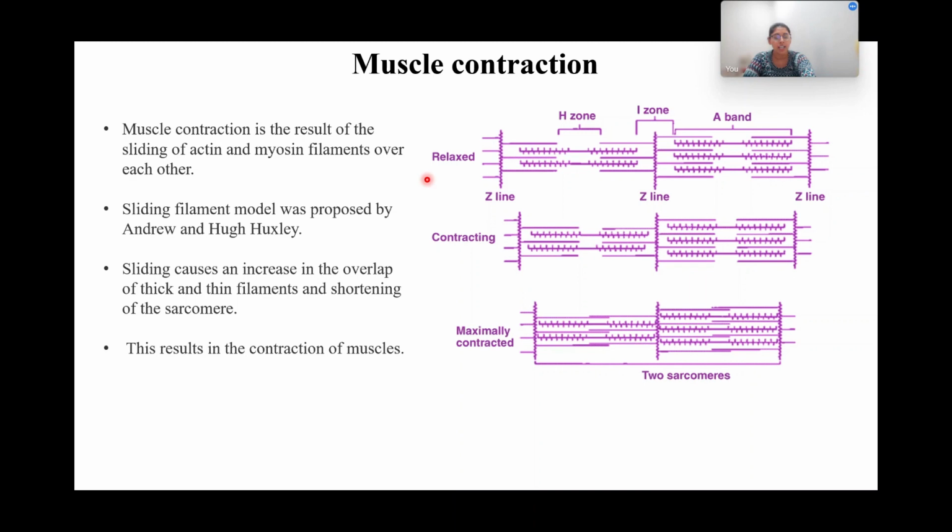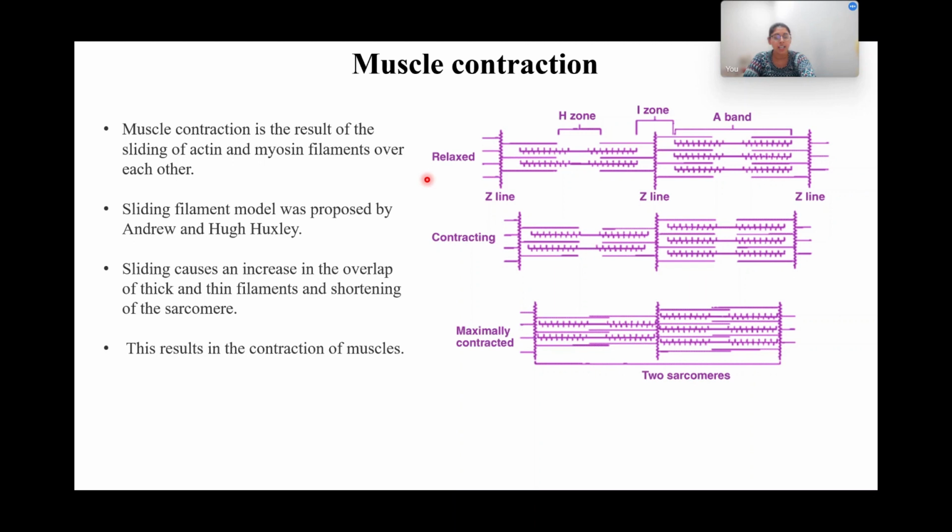Now when this sodium is moving inside the cell, there is a depolarization, an increase in the action potential in the cell, and this moves along the length of the muscle fiber. On the way, it leads to the release of calcium 2 plus from the sarcoplasmic reticulum.